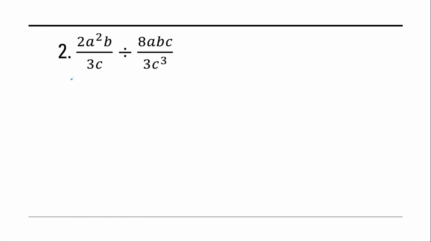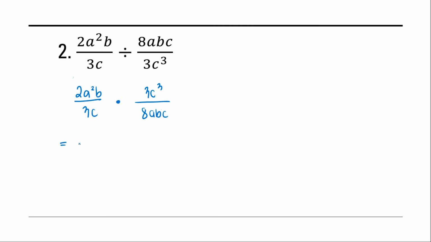Next, we have number 2, 2a squared b over 3c divided by 8abc over 3c cubed. So keeping the first fraction, we have 2a squared b over 3c. Flipping the second fraction, we have 3c cubed over 8abc, and changing the operation from division to multiplication.